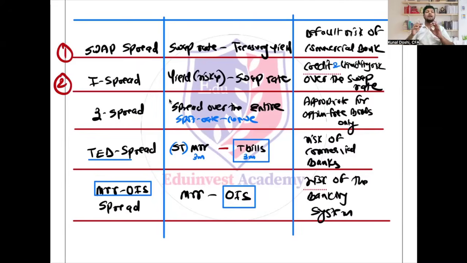Now, swap rates are generally the rates derived from the interbank market, or these are relatively safer compared to the corporate bond. So how do I get the swap rate today? Instead of LIBOR, we use a different rate. We use MRR or SOFR.